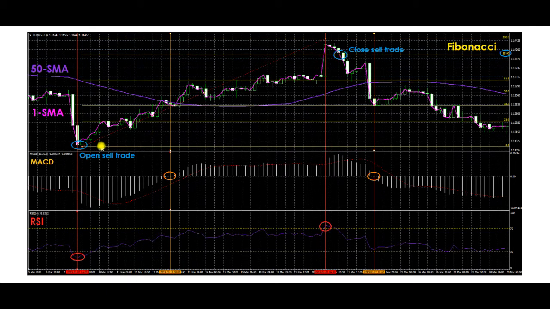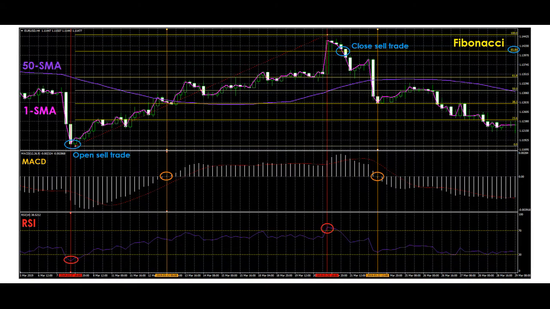Our Fibonacci is going to be from where we open until this point. And after that, when our price reaches the 85% of the Fibonacci is when we should close the sell trade. For opening and closing the buy orders, it will follow the same logic, but the opposite way.